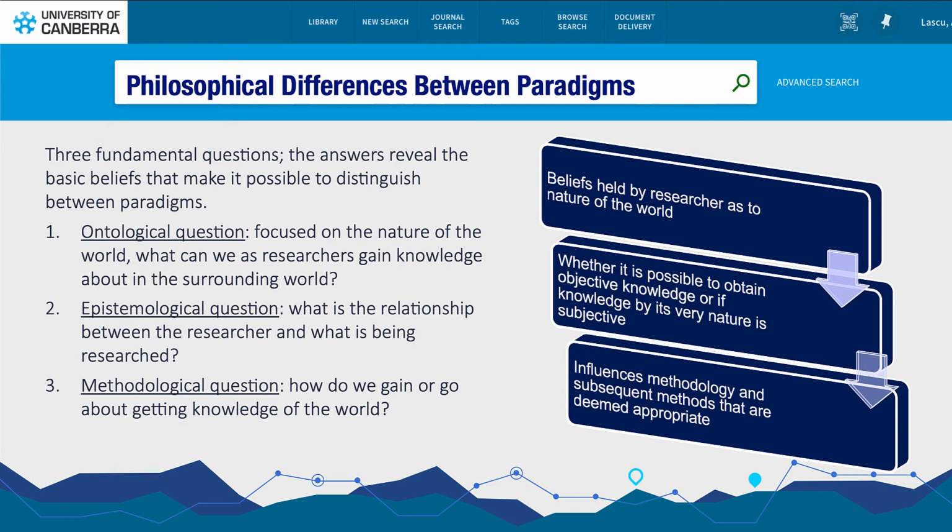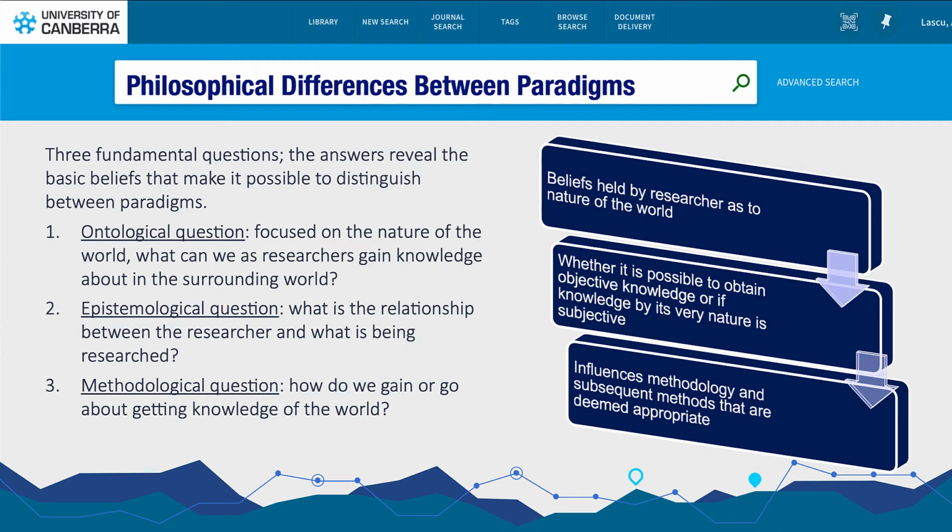There are philosophical differences between paradigms, and there are 3 fundamental questions that we can ask ourselves, where the answers reveal the basic beliefs that make it possible to distinguish between them. We have the ontological question, which is focused on the nature of the world. What can we as researchers gain knowledge about in our surrounding world? The epistemological question is, what is the relationship between the researcher and what is being researched? And thirdly, our methodological question.